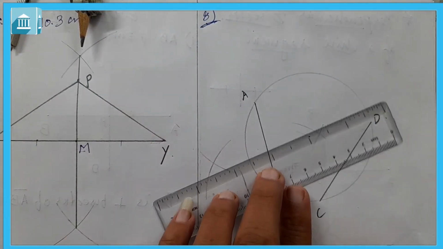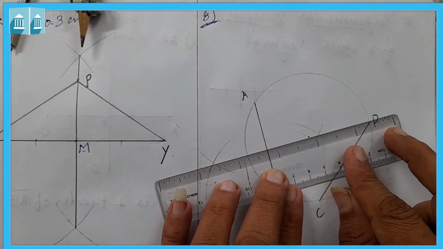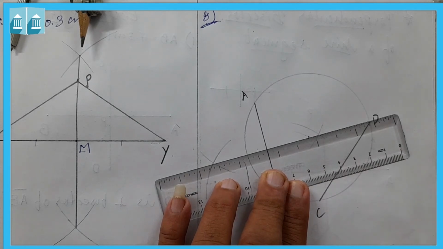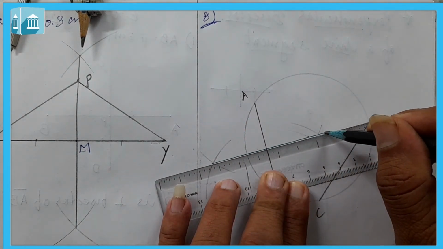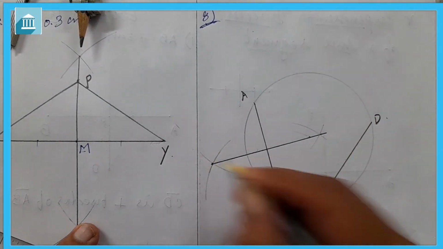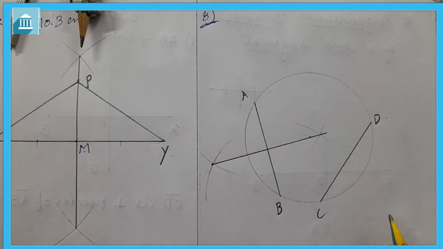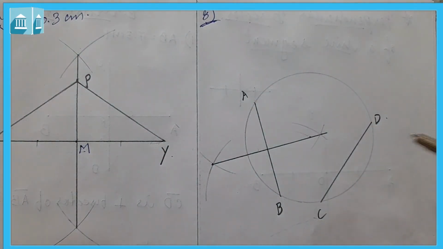Then we need to draw one perpendicular bisector like this. This is our perpendicular bisector of chord AB. Then in the same way we have to draw the perpendicular bisector of CD also.